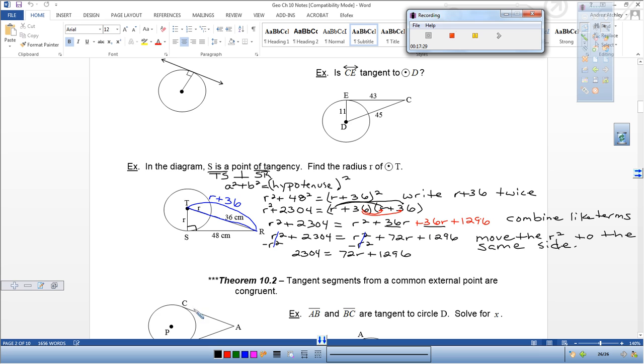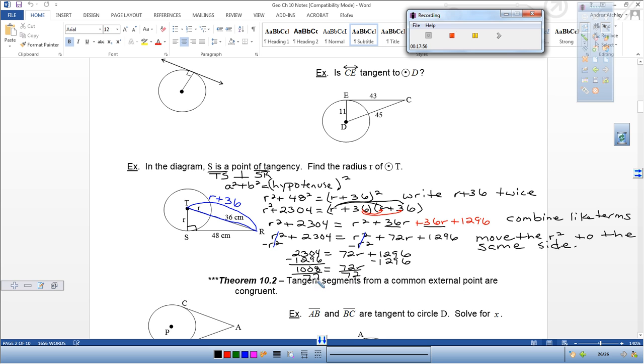Now this is an easy equation to solve. It's a big number. I'm going to subtract the 1,296 from both sides. That gives me 1,008 equals 72R. Divide by 72.